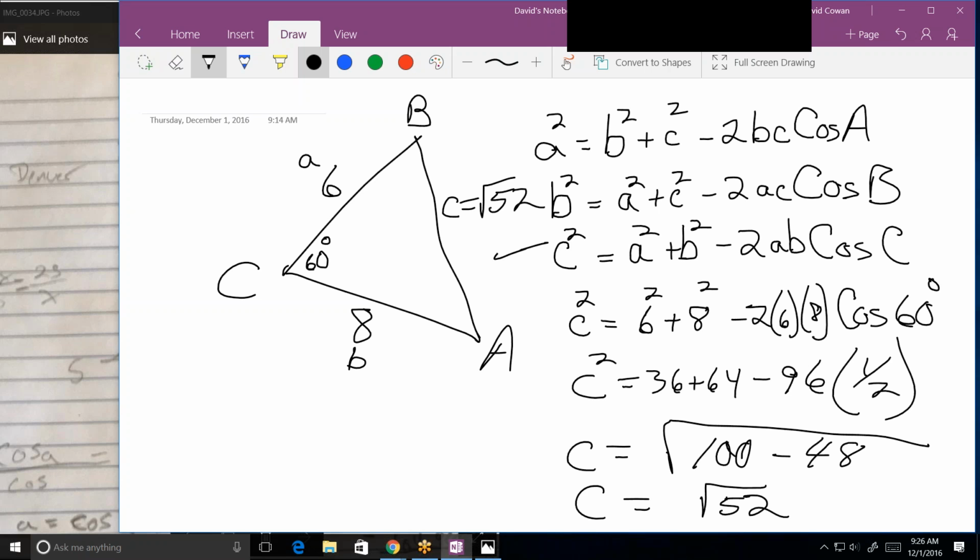You have to have at least 3 pieces of information of a triangle in order to solve the triangle. But that's all you need is 3 pieces. If you get either 2 sides and an angle or 2 angles and a side, any 3 pieces will allow you to figure out all 3 sides and all 3 angles.